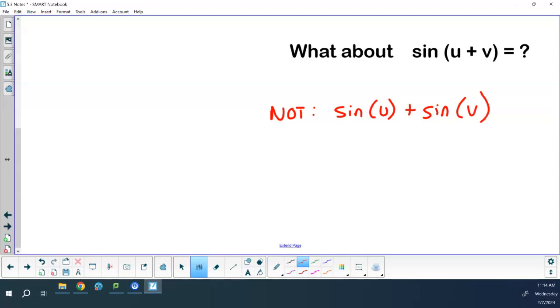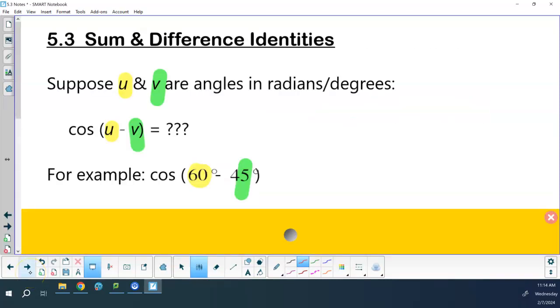Okay? It will not be that. It will be something different. And that something different, same thing with cosine, same thing with tangent. And that something different would be here, I'm just going to jump right into it.